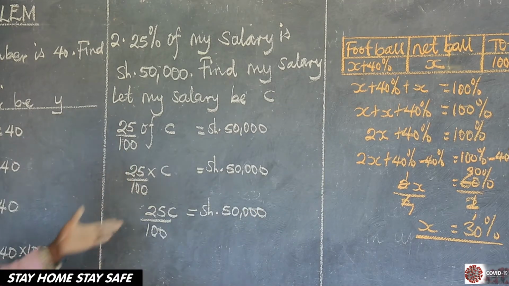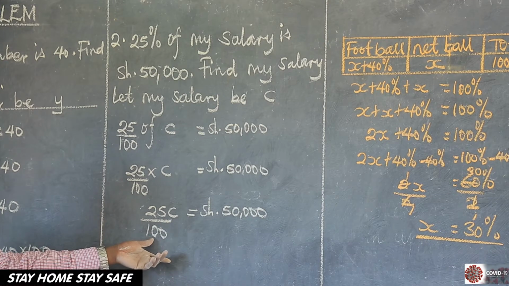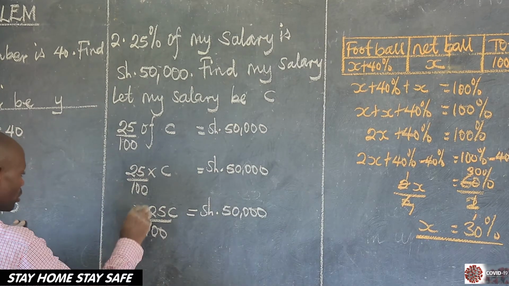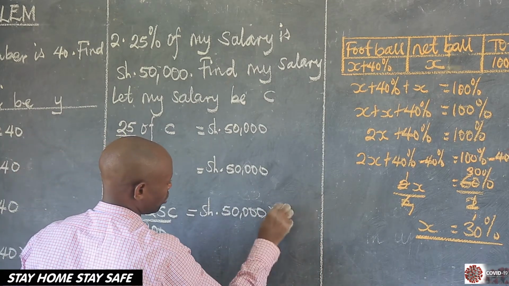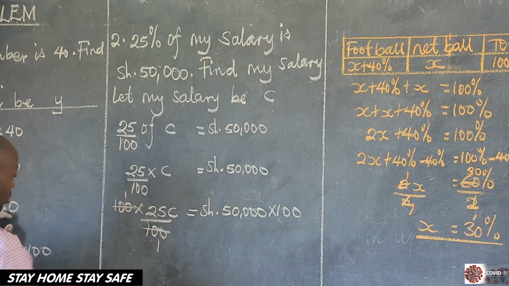And I told you when you reach this stage, you eliminate the denominator. How? By multiplying on both sides. So we shall multiply this side by 100, even this side by 100.